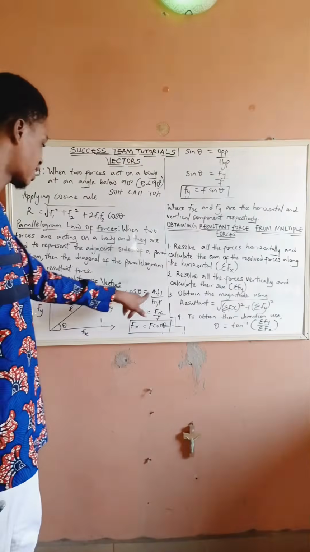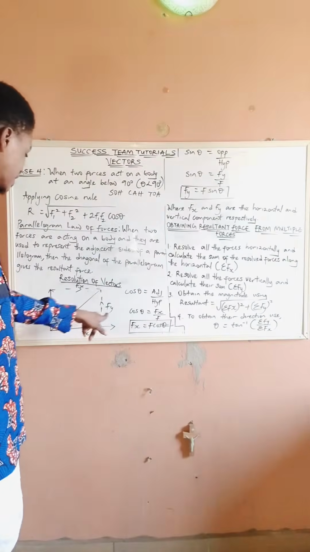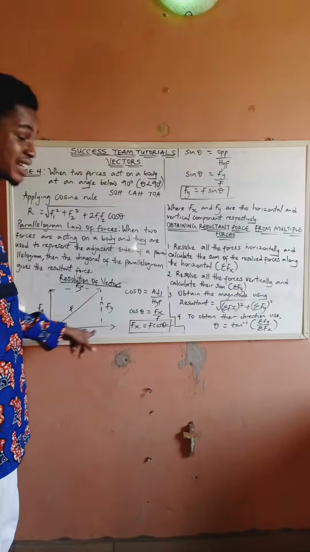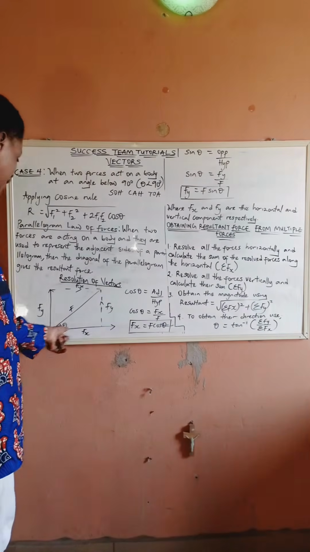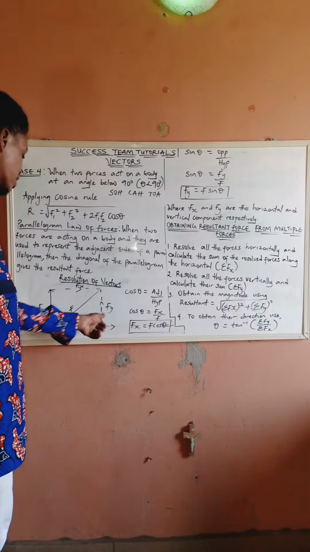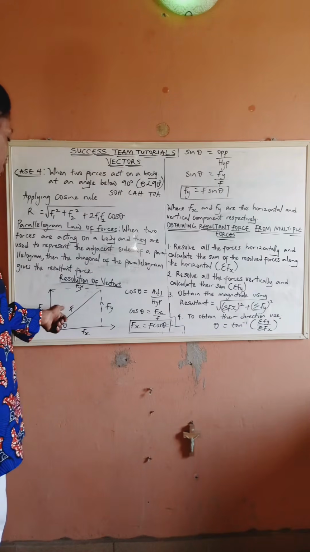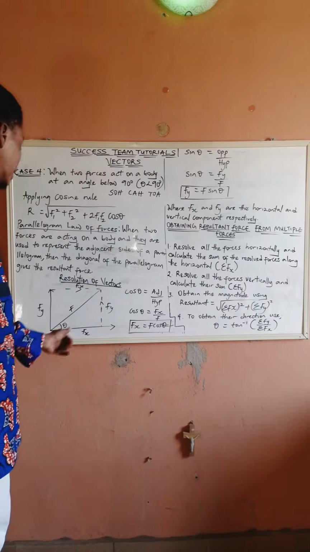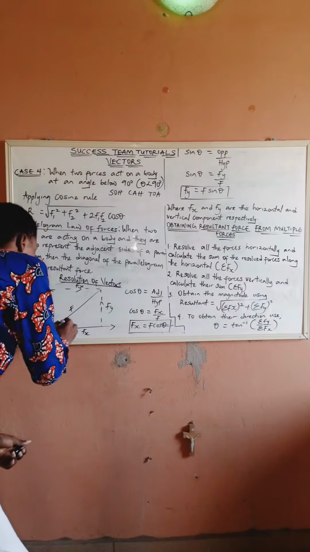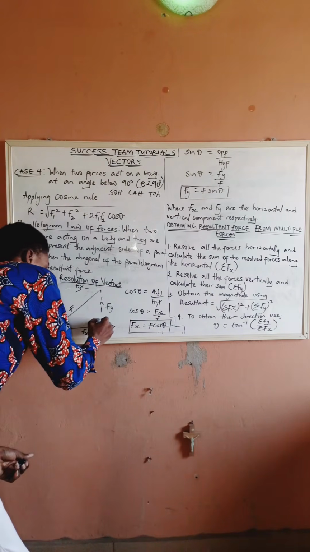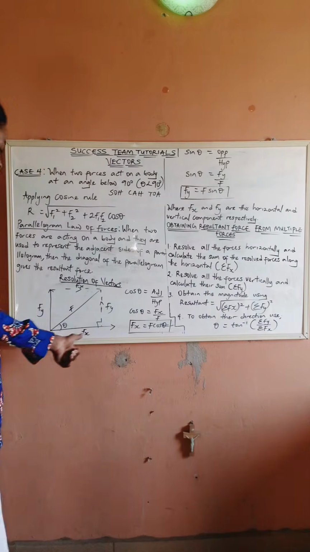Now in this case, this is our opposite and this is our adjacent, right? The side facing the angle is the opposite. The longest side or the slant side is the hypotenuse, and the side that is joining the angle and the side for 90 degrees is the adjacent.